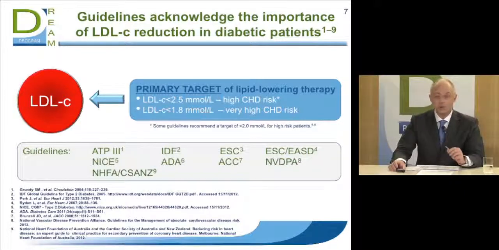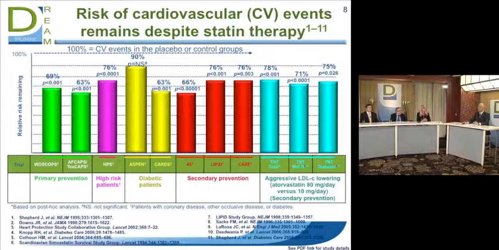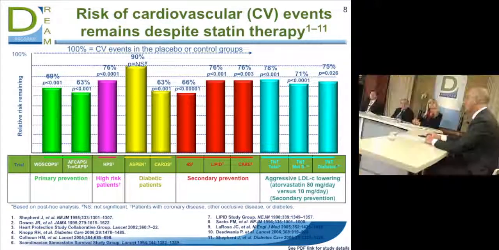And LDL cholesterol lowering with the statin-based regimen is the top priority to reduce cardiovascular disease in patients with type 2 diabetes. Now, although LDL lowering and statin treatment are highly effective in reducing cardiovascular events, still the events are seen in patients on a statin treatment.